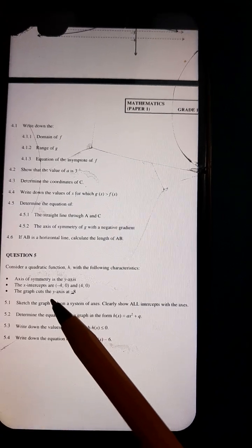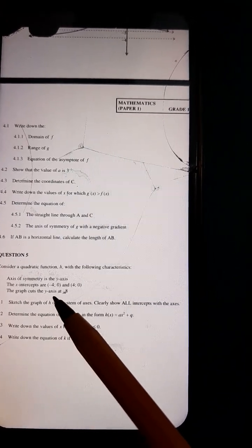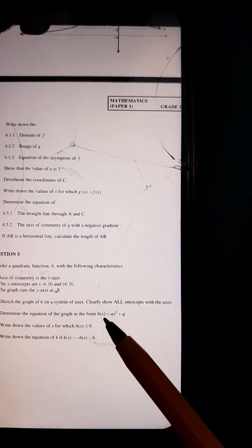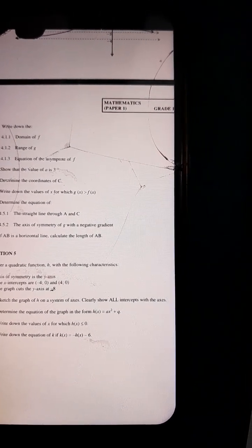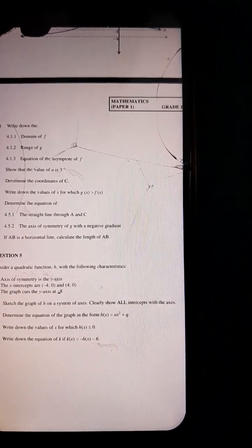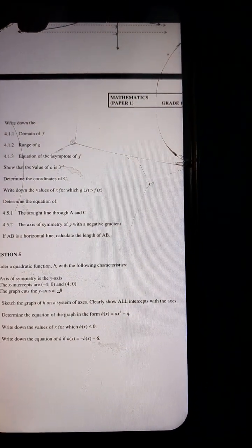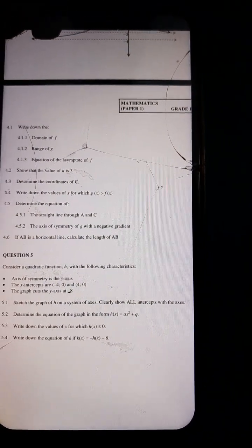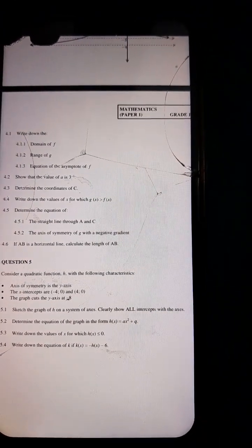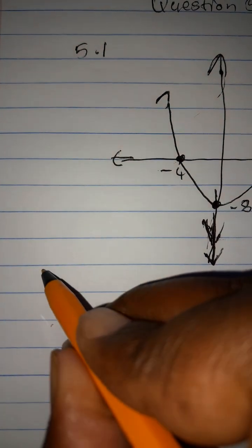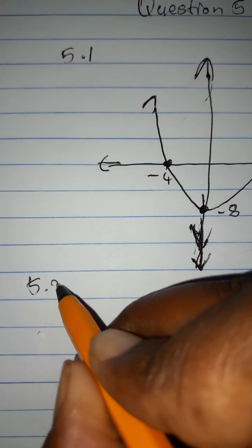It is our q. This is where the graph cuts the y-axis at -8, meaning that this is where our y value of the turning point will be. Remember, q is our y value of the turning point. So it will be h of x equals ax squared minus 8. So now we'll use -4 or 4 to find the value of a. So let me work out 5.2.